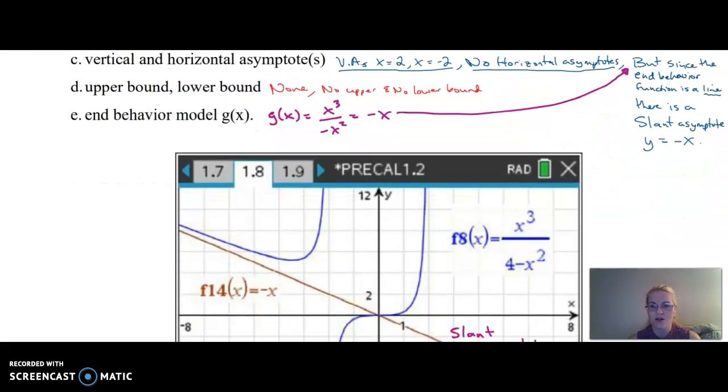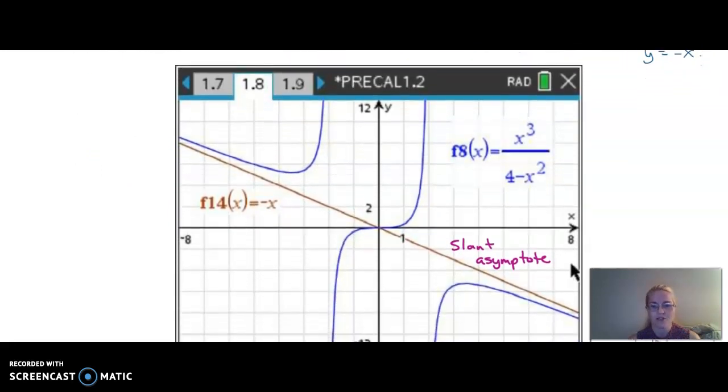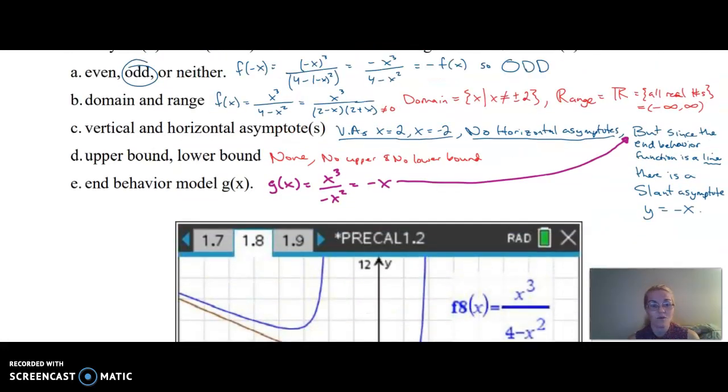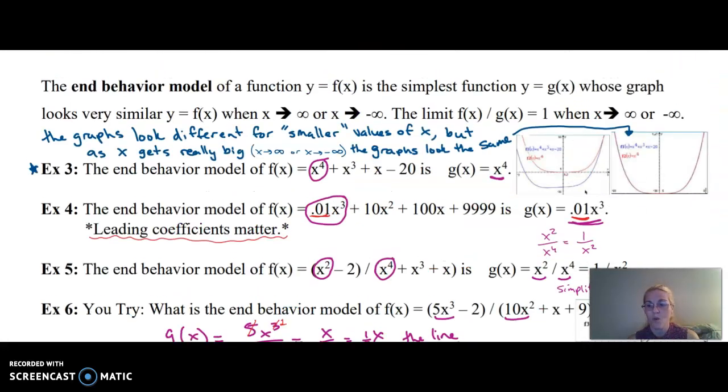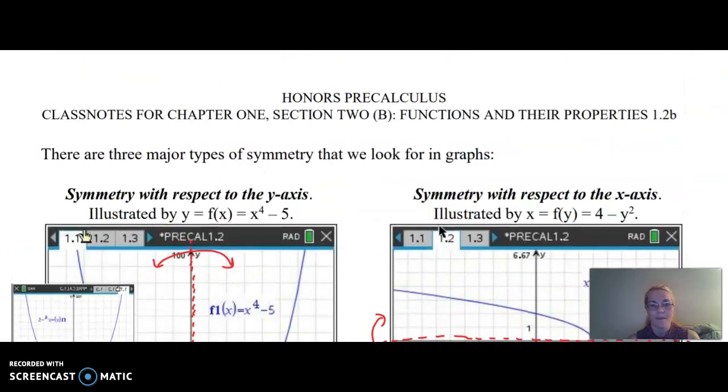Some other textbooks call them oblique asymptotes, so you might occasionally run into that. And you can kind of see it beginning as x gets more and more negative, and as x gets more and more positive, you can see my blue function getting closer and closer to that slanted line. And that, ladies and gentlemen, will do it for 1.2 section B.